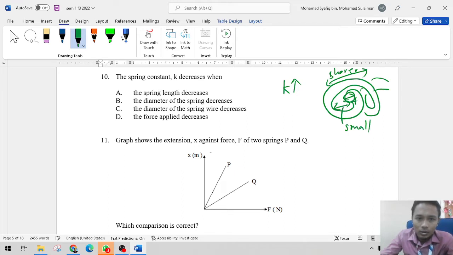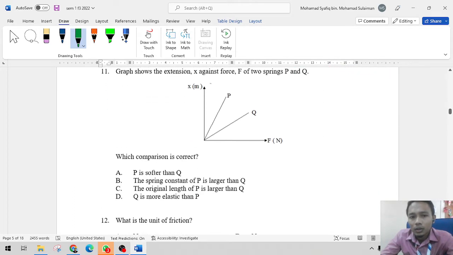So we want k to decrease. Spring length decrease, wrong. Diameter of the spring decrease, this is wrong. Diameter of the spring wire decrease.